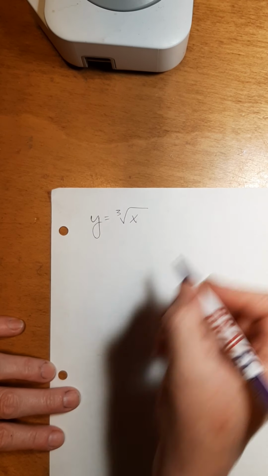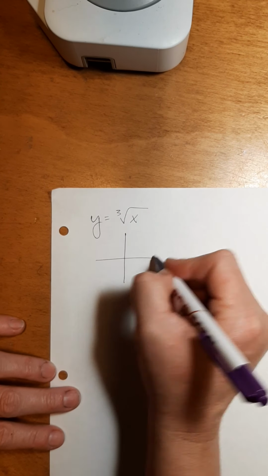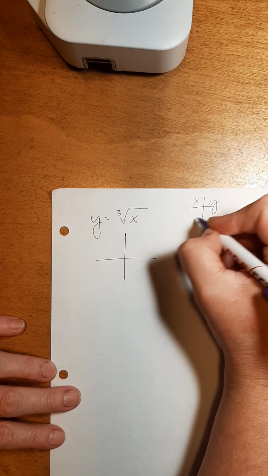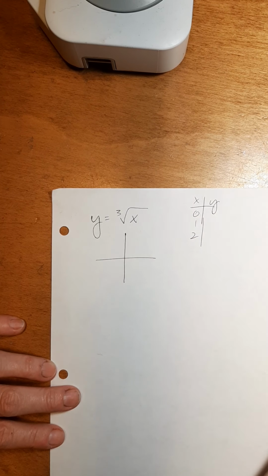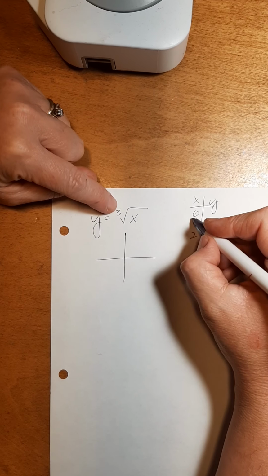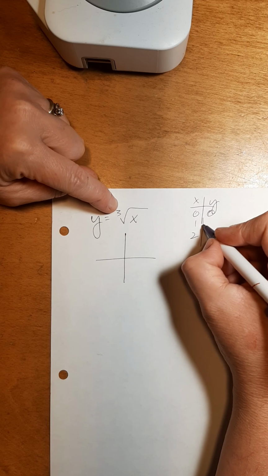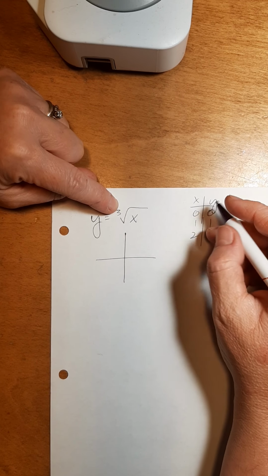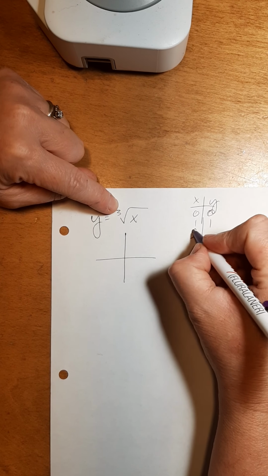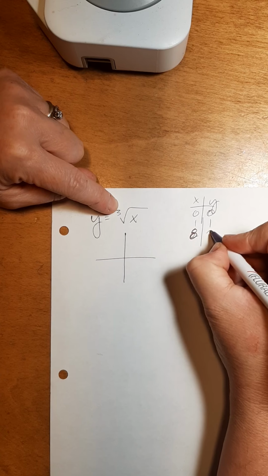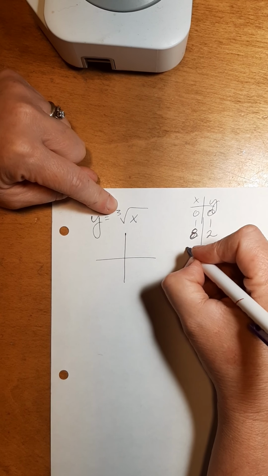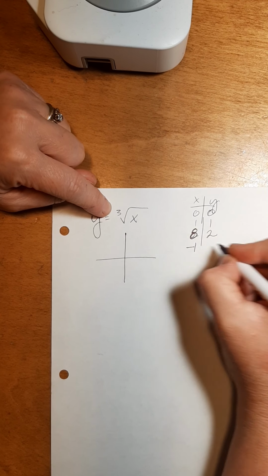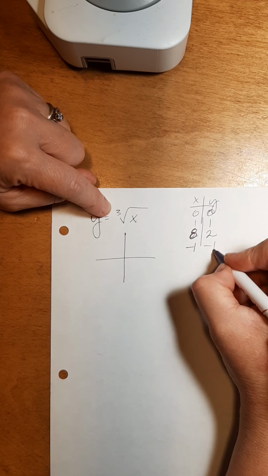Cube root. Now, cube root of x, just to show you the general shape, let's plug in. So, cube root of 0, cube root of 1, cube root of 2 is a decimal. The next one would be cube root of 8, which is 2. Cube root of negative 1, negative 1.